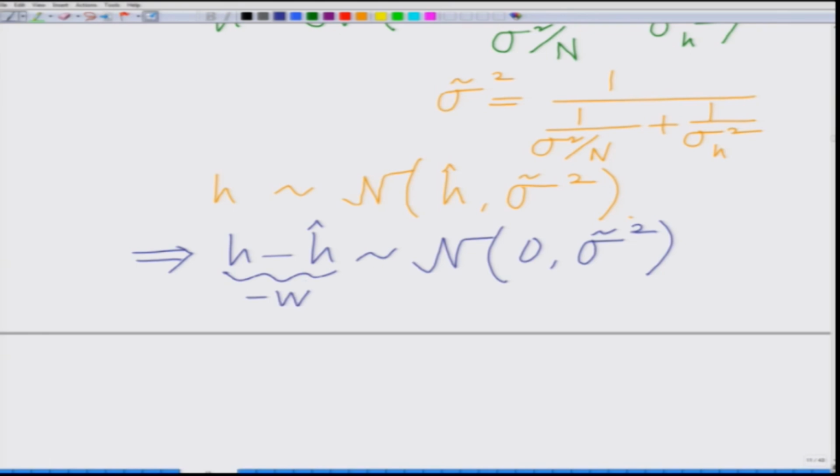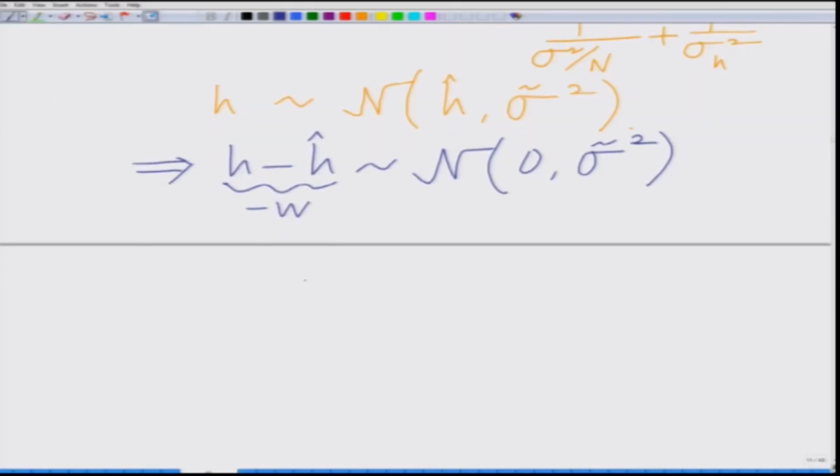So, what we are doing? H is distributed as a Gaussian with mean H hat and variance sigma tilde square. From H we are subtracting H hat, the mean. Naturally the mean becomes 0, and therefore, it is distributed as a Gaussian with mean 0, variance sigma tilde square. From a Gaussian, if you subtract the mean, it still remains a Gaussian, a zero mean Gaussian with the same variance. So, minus W is Gaussian with mean 0, variance sigma tilde square.